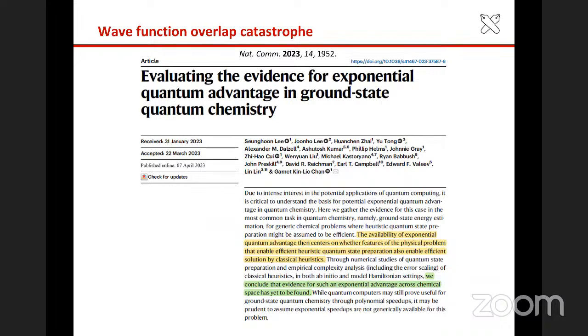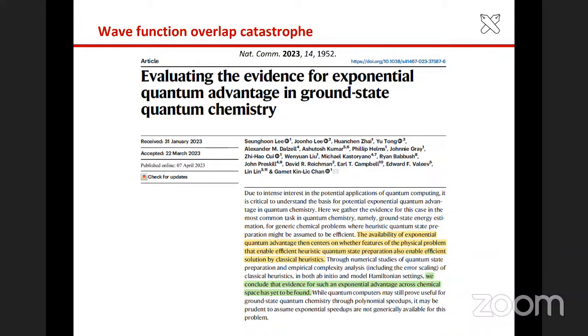Actually, this problem is very difficult. This is known as the wave function overlap catastrophe, and there is a very famous paper written by Garnet Chan. In this paper, they claim that the availability of exponential quantum advantage can center on the regular features of the physical problem that enable efficient heuristic quantum state preparation, and also enable efficient solution by classical heuristics.